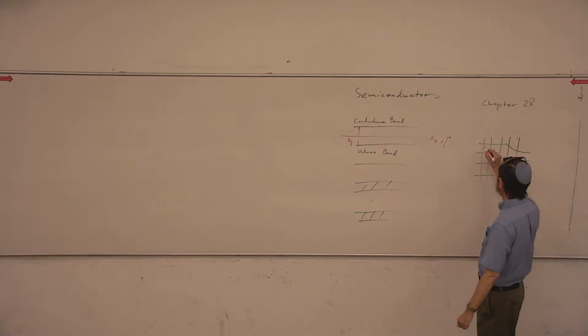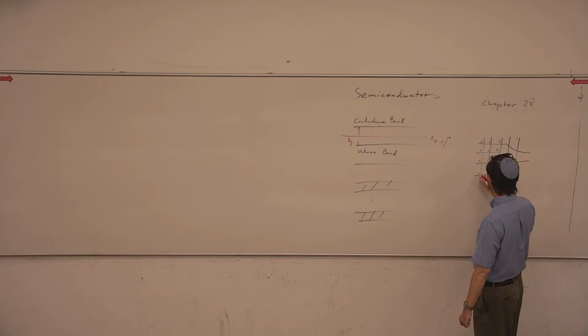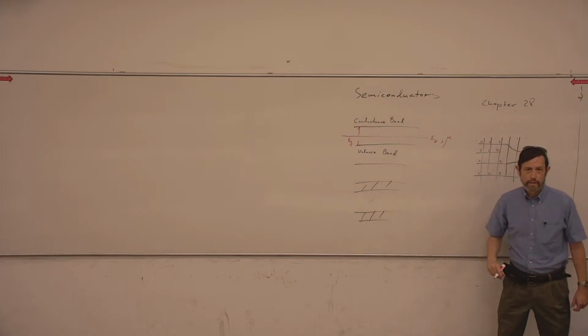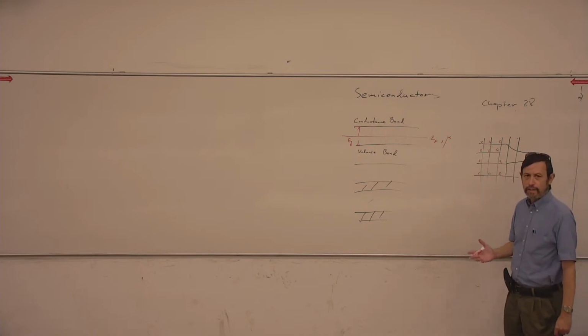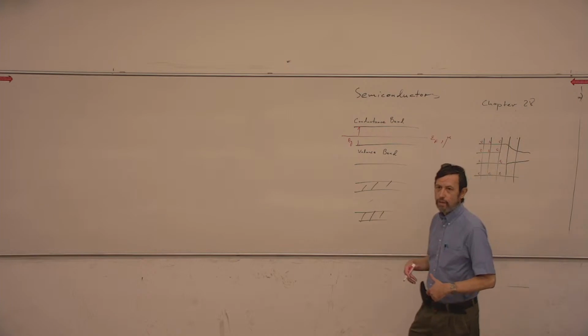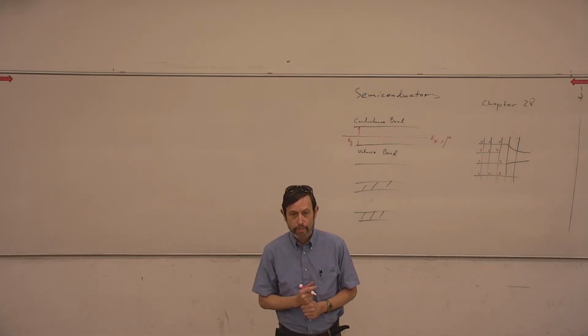Let's assume that this is a semiconductor, so let's take the most ubiquitous semiconductor, silicon. Okay, I missed one on purpose. And here, instead of silicon, you have a different atom, which is the important thing.